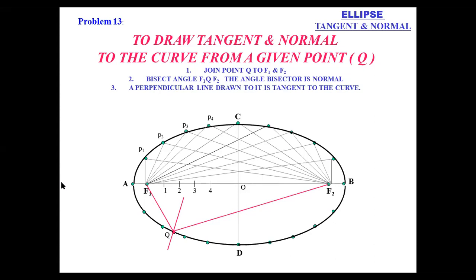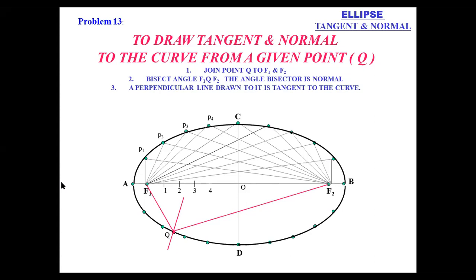Do you observe any ready-made normal rather than this pink one? CD. Correct. And CD is normal to the ellipse. Fine. Now, if you join line ADB, it will be some angle, and CD will automatically be the bisector, and it is already a normal also.